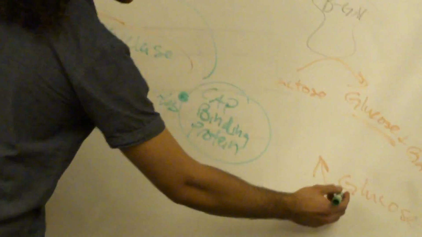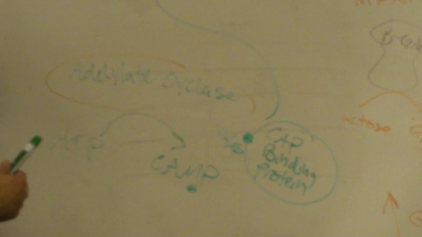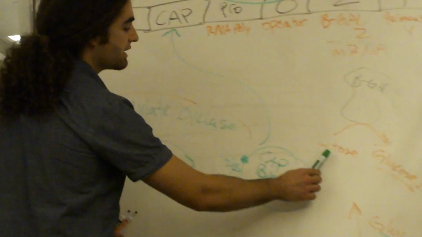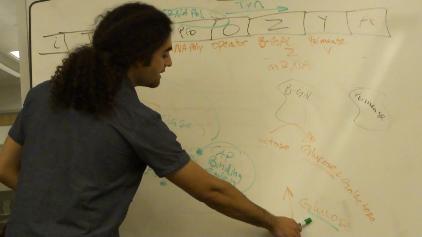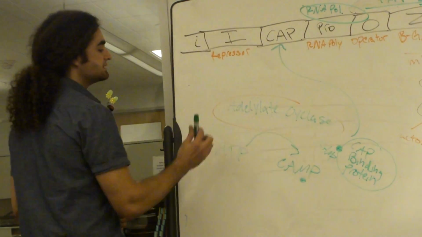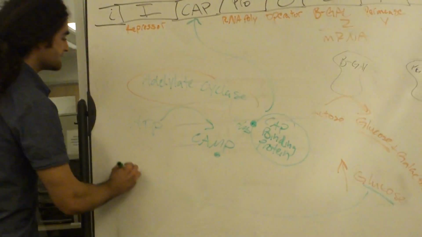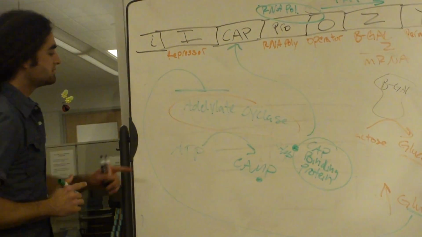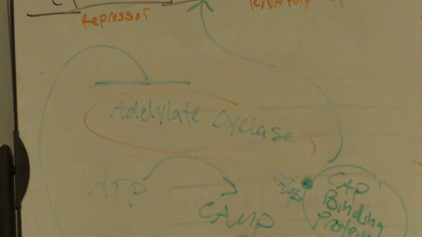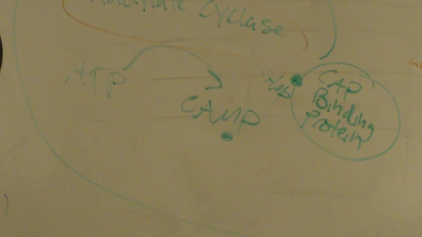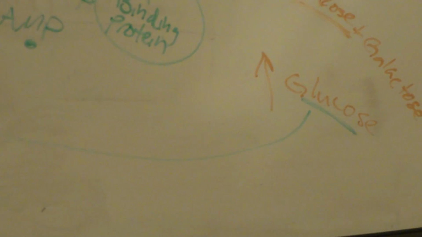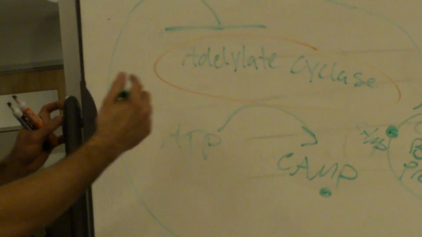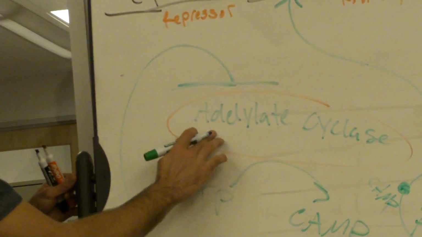But what glucose does, so glucose is your final product of the whole thing in a way, as you're separating lactose into glucose and galactose. And glucose comes and regulates adenylate cyclase. So as your product is increasing, your transcription levels decrease by regulating this enzyme.